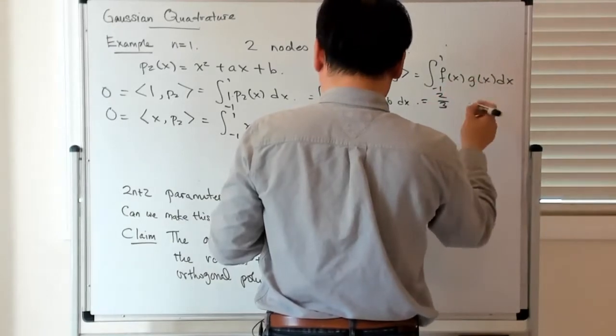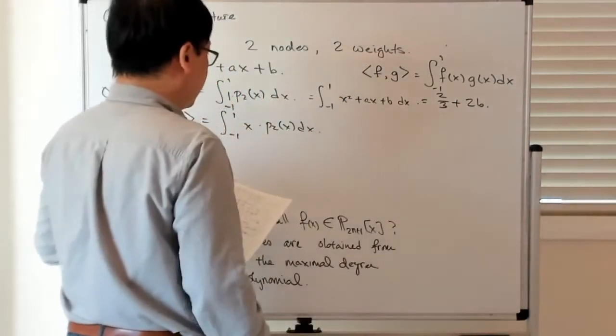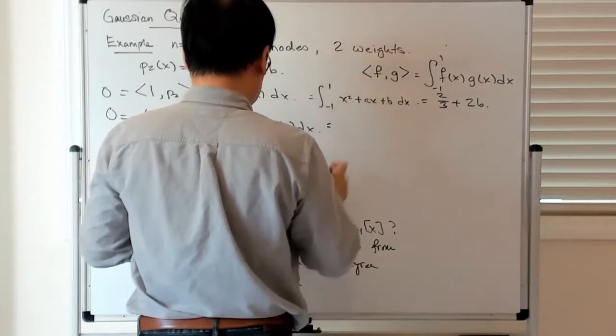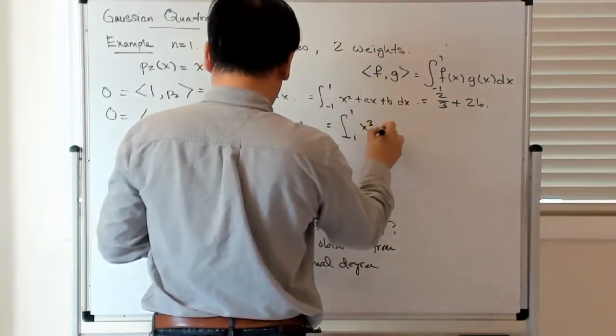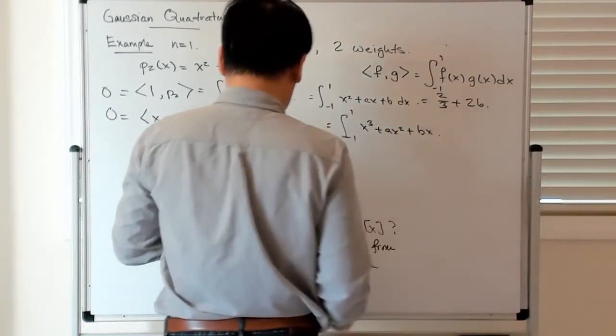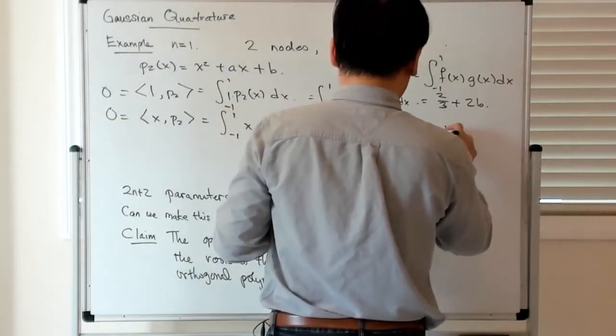I'm going to skip a few steps, but it's 2/3 plus 2b on the one hand, and this is equal to the integral from -1 to 1 of x cubed plus ax squared plus bx dx.